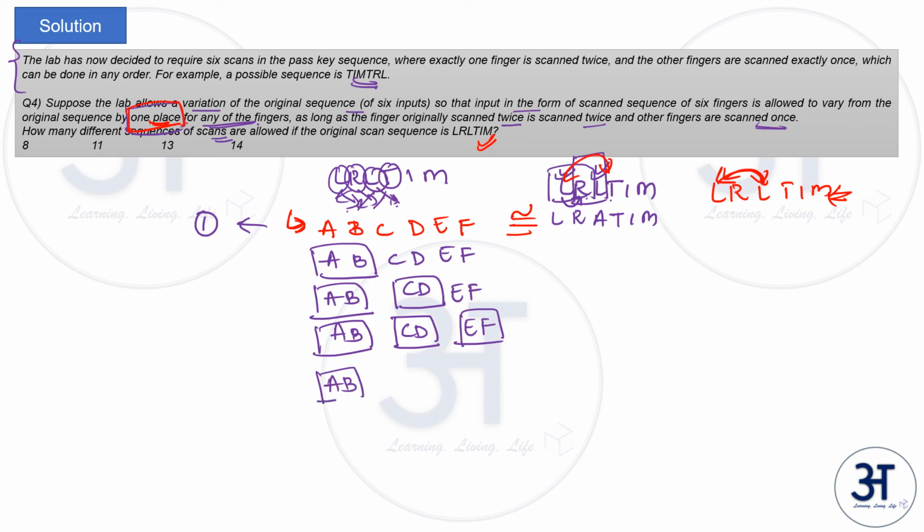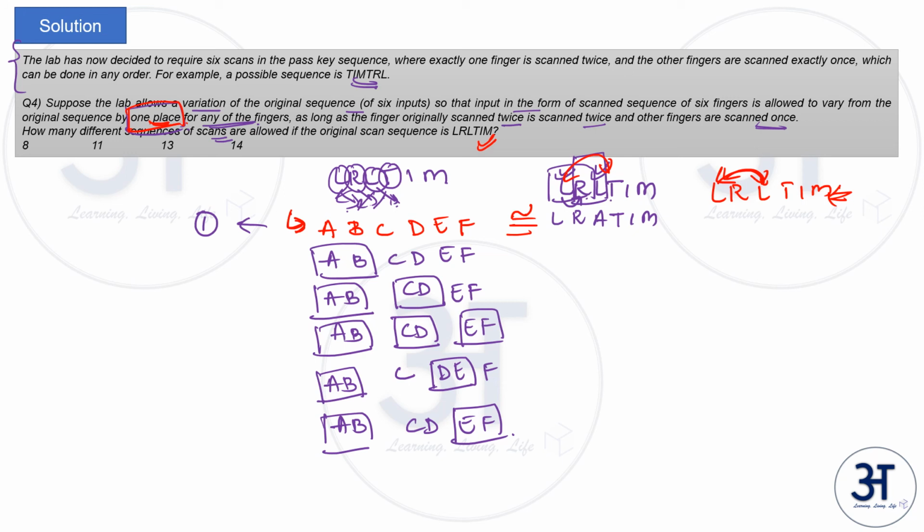AB can shift leaving C and DE can shift, and AB can shift leaving CD and EF. EF can shift, right? These are the only possibilities where AB can shift and rest all combinations happening with C, D, E and F.